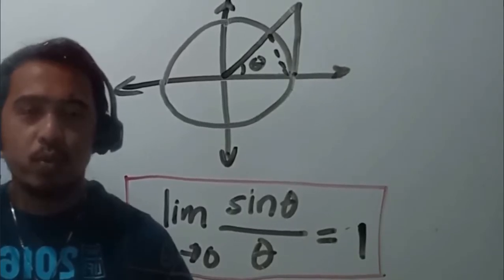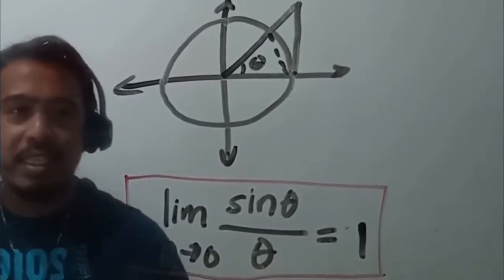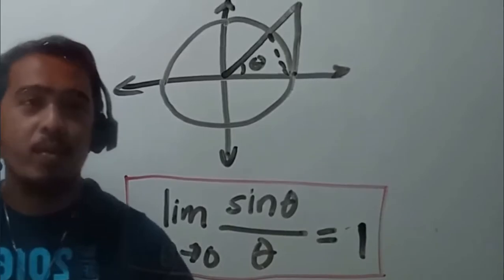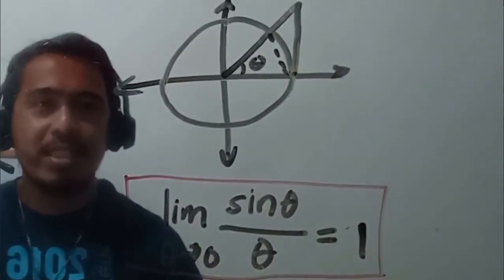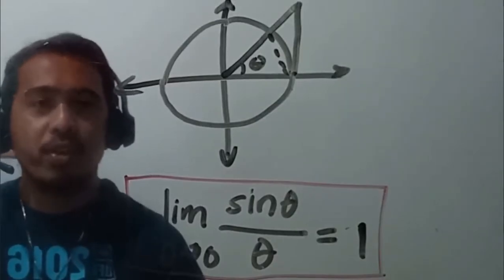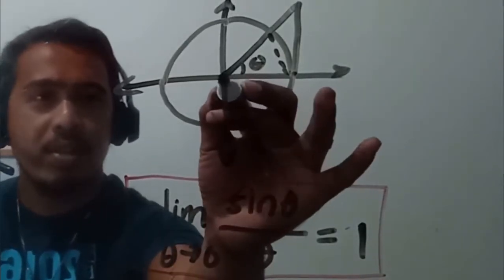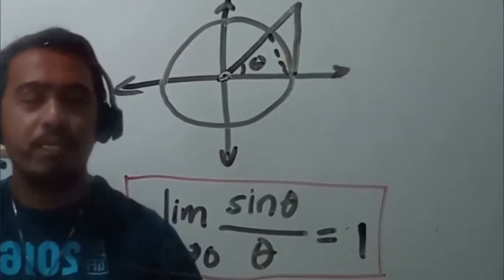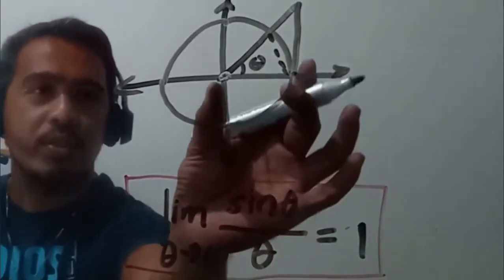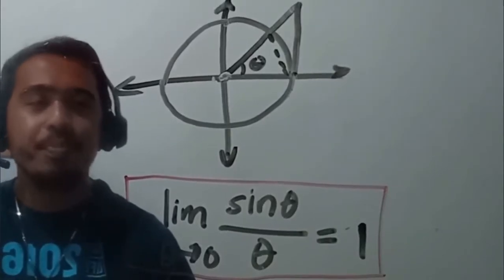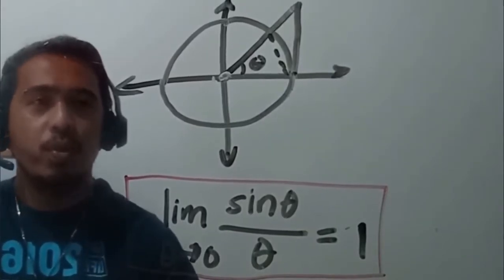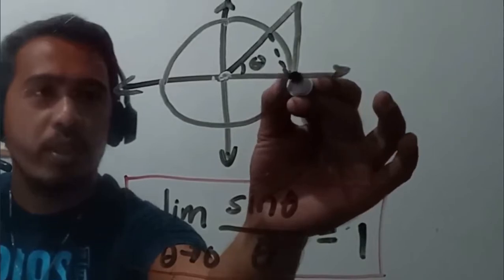To prove that this is really equal to 1, we will be using this unit circle. We all know that the unit circle is a circle wherein the center is at the origin and the radius is 1. What we will be doing is determining this point.